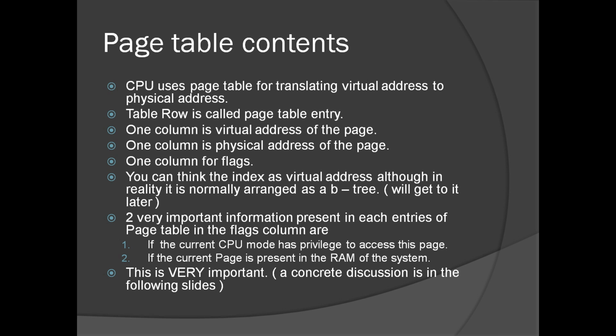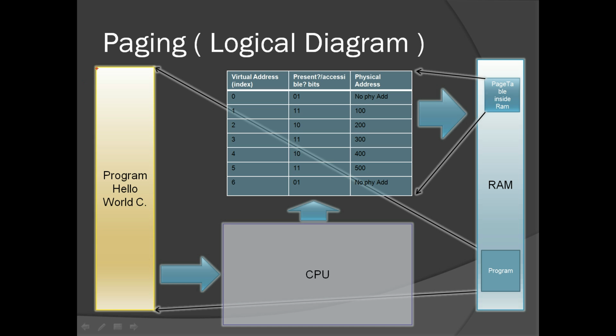We're going to concentrate on the first point, whether the current CPU mode has privilege to access this page or not, in this particular presentation. The second point is related to virtual memory implementation and page fault handling, which is not going to be our topic of discussion.